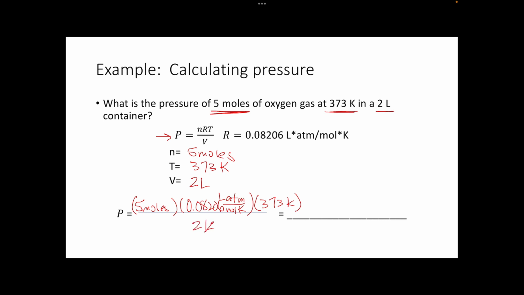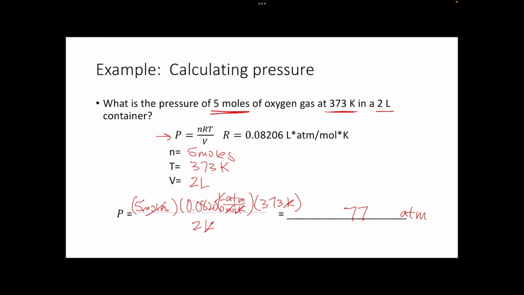Let's see if our units cancel: our moles cancel, Kelvin cancels, so we're left just with the units of atmospheres, which is what we want. If we actually calculate this, 0.08206 times 373 divided by 2, we end up getting 77 atmospheres as our pressure. So that's solving for pressure.